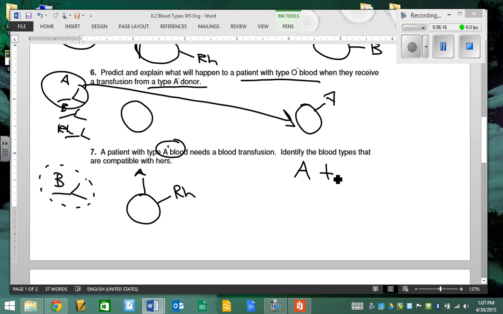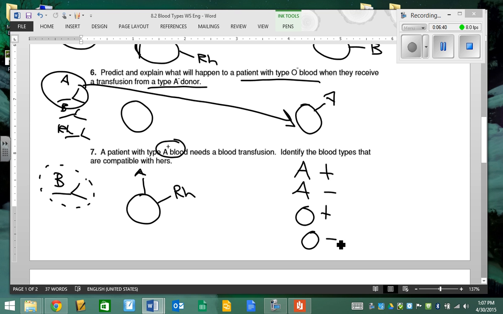You can always receive the exact same type of blood as you have. They could also receive A negative. They don't have the antibody for the Rh factor, so it doesn't matter whether the blood has it or doesn't. They could also receive O positive or O negative.